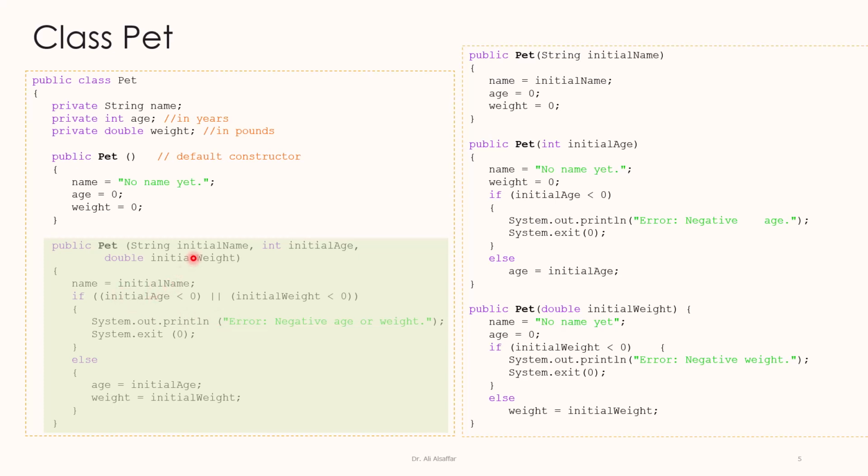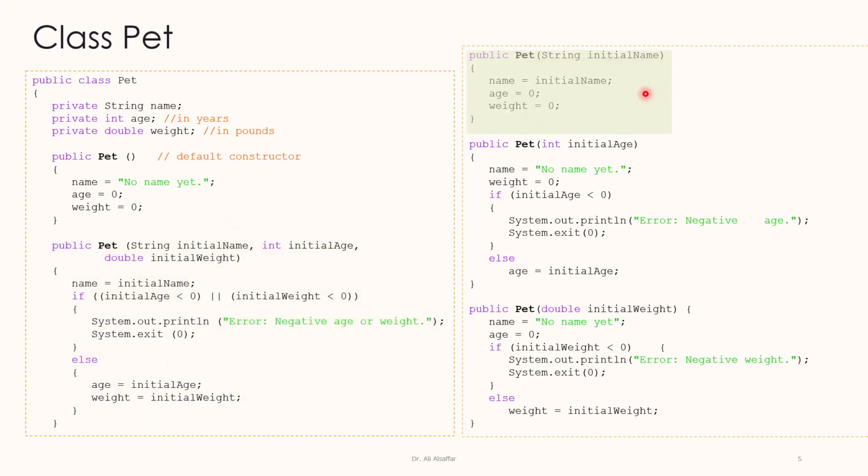As you see, it will copy the name directly to the instance variable name, but for age and for weight, it will check if any of them is negative, then it will print an error message and it will exit the program. But if the initial age and initial weight are valid, then these will be copied into the instance variables age and weight. So this is the second constructor.